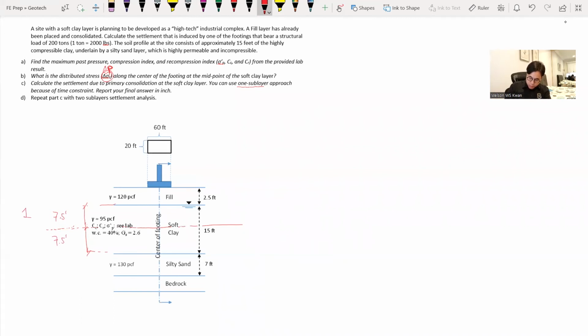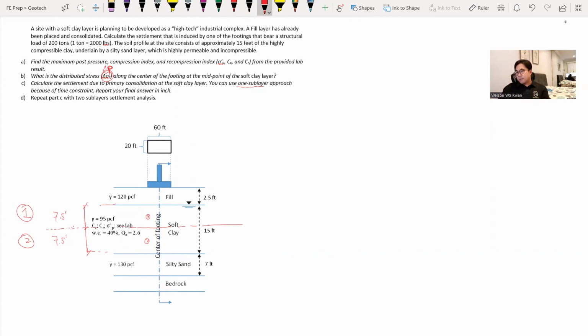So this is our first layer, this is our second layer. And we're going to repeat the settlement analysis 2 times, one time on each sublayer. And the particular location, the depth we look at, again, is the midpoint. So we look at this location and this location.